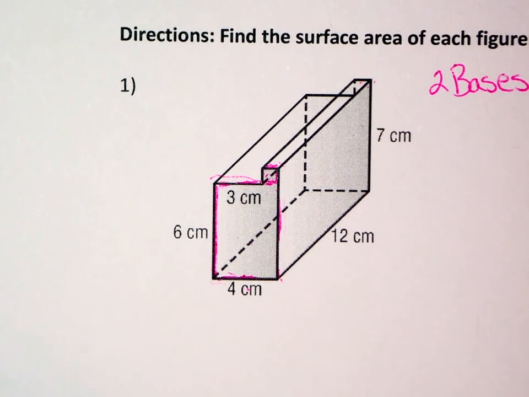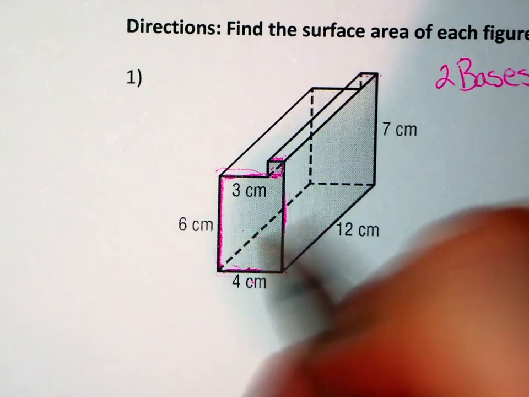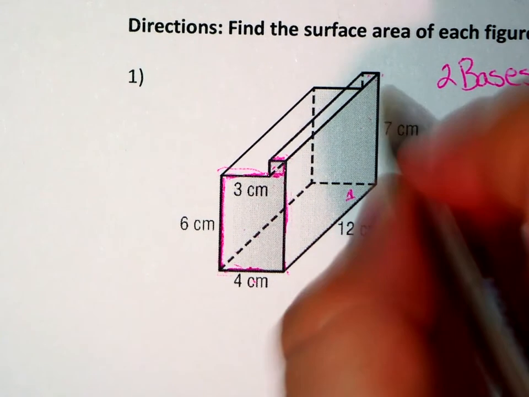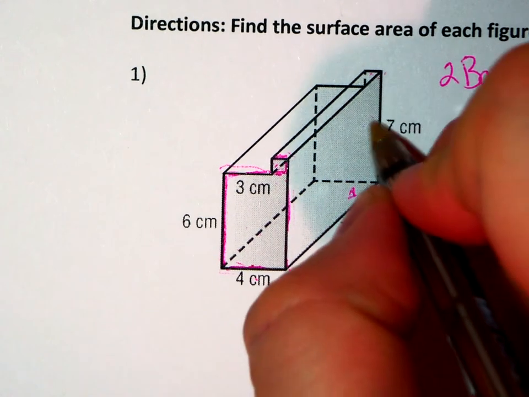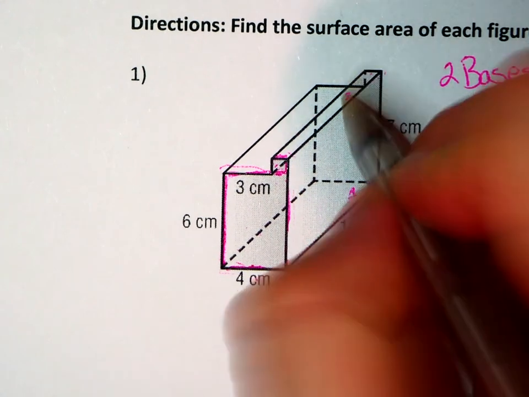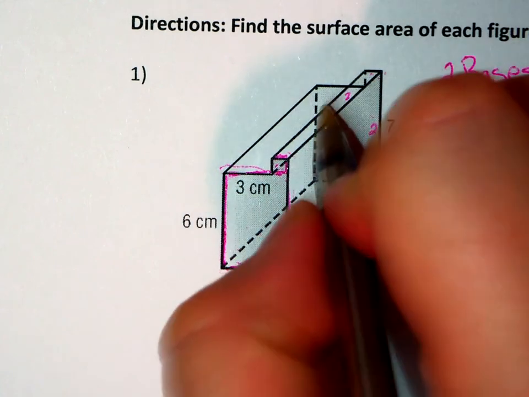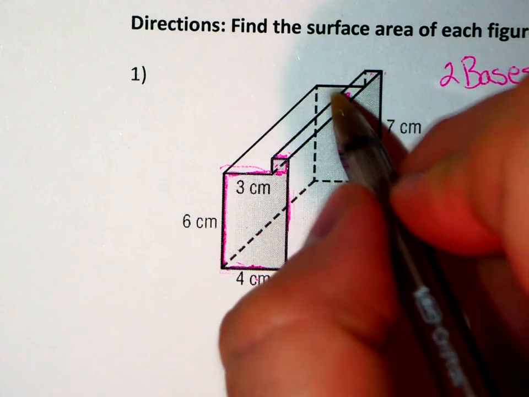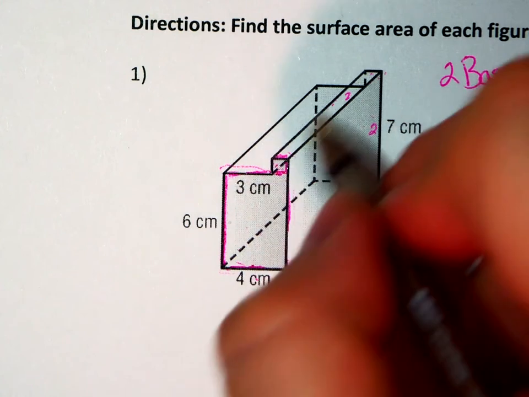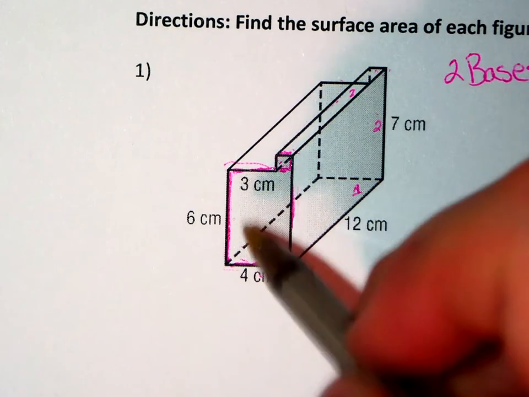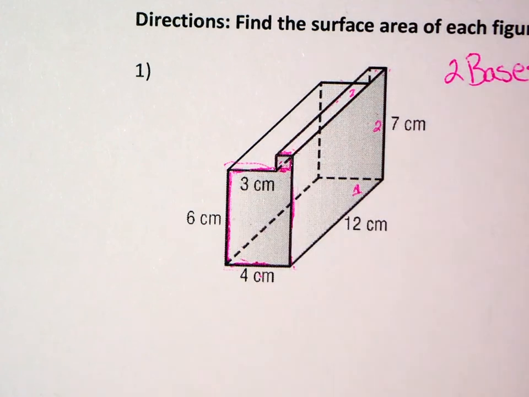Well, now I need to start working on the rest of the sides. I have a bottom as one side, a right side, which is this big rectangle, as another, a teeny little top, an inside lip that we can't really see, that would be my fourth, a top to this bigger rectangle piece, which would be a 5th side, and a left side of this shape, which is facing away from us, that would be a 6th side.